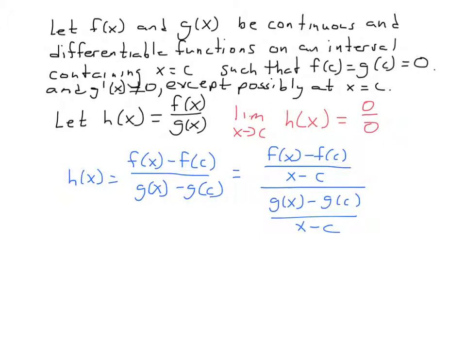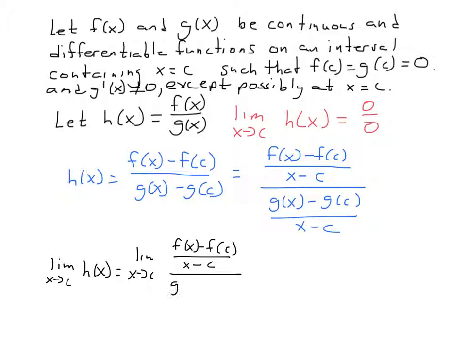And so with that, when I take the limit as x approaches c of h of x, that's going to be the limit as x approaches c of f of x minus f of c over x minus c, all over g of x minus g of c over x minus c.